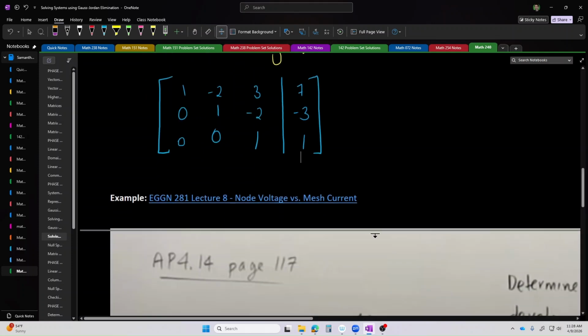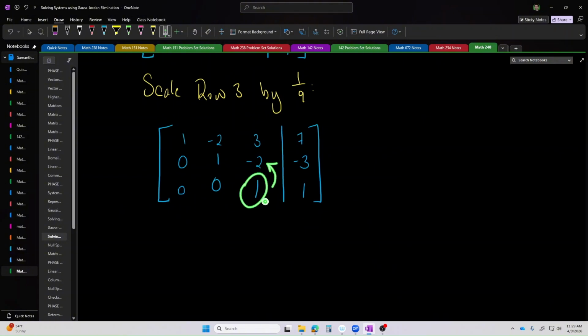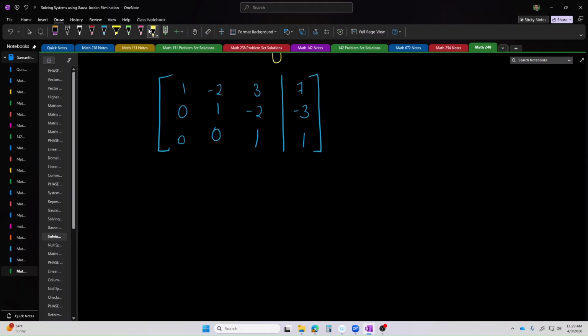Okay. So having now done that, I want to go ahead and attack these entries above the ones in the matrix. So if I would like to cancel out the -2 here in the second row, I'll need to scale by +2 to eliminate the -2 in this position.